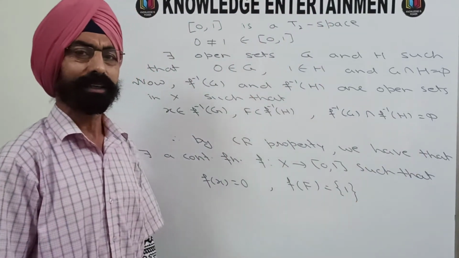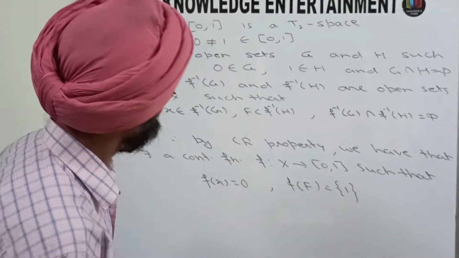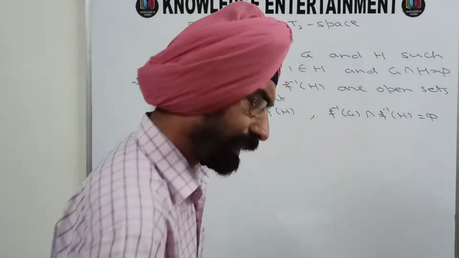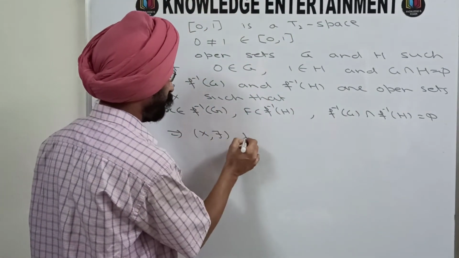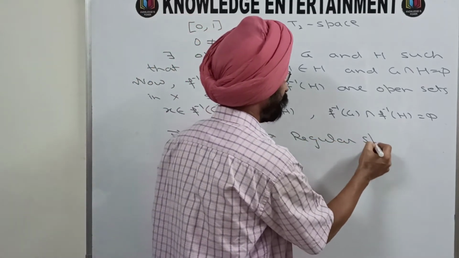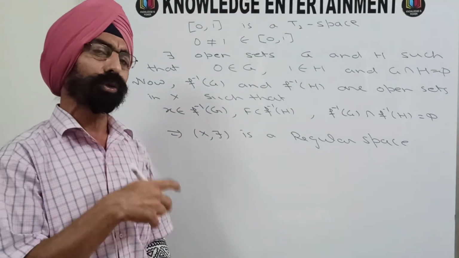That means they are disjoint, and that is the definition of regular spaces. So this means your space X tau is regular. So we have proved that every completely regular space is also a regular space.